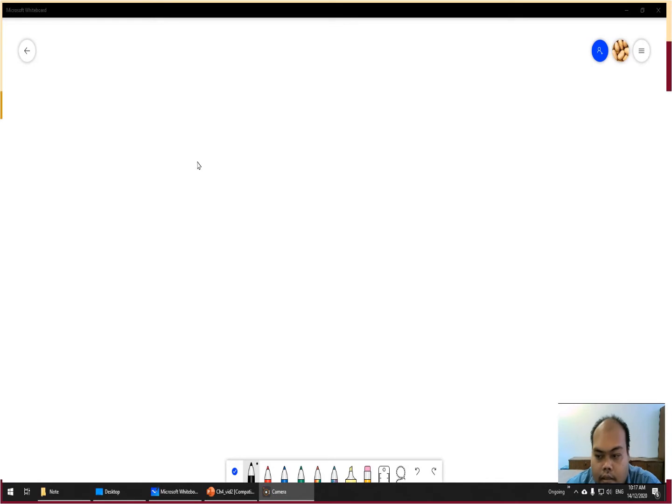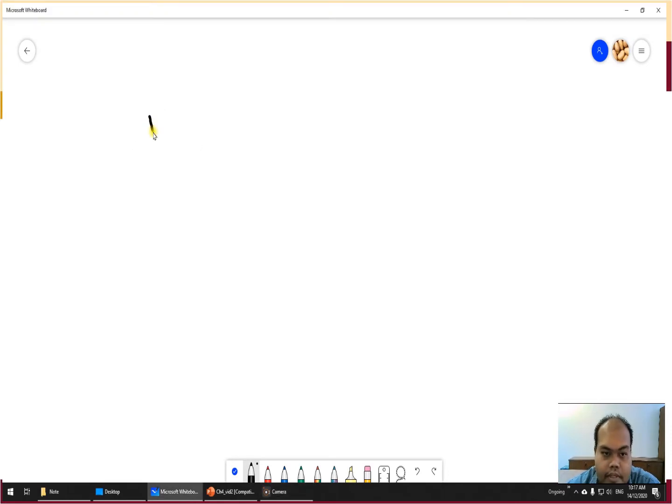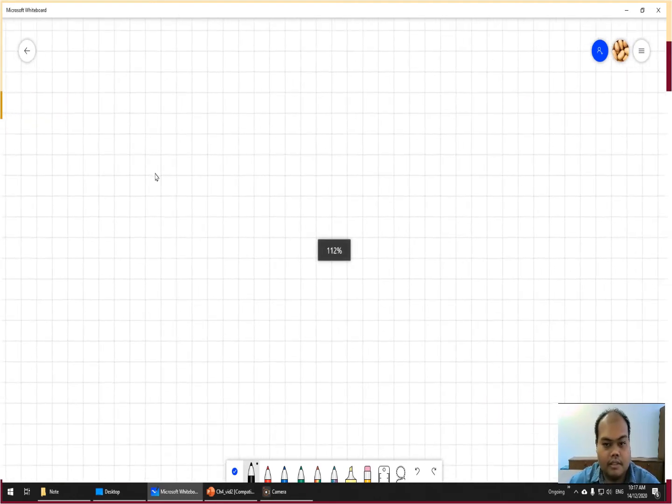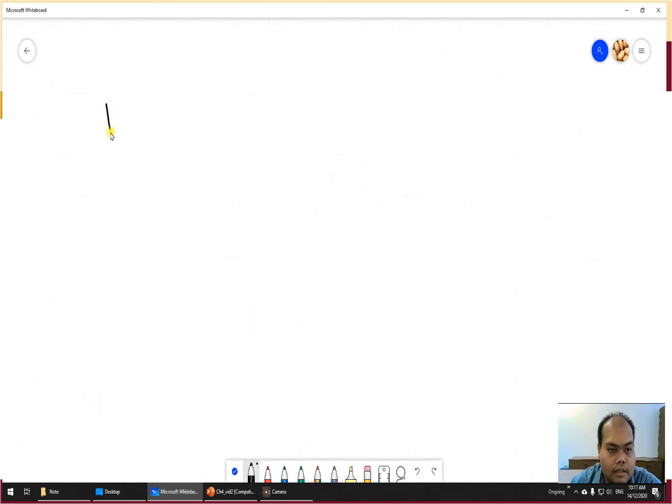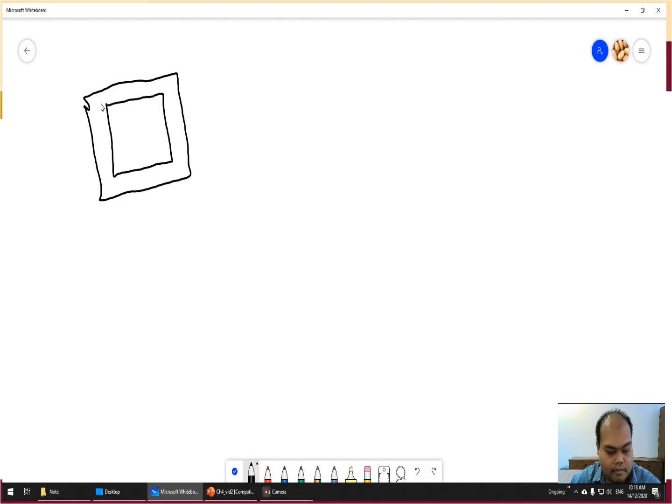So, I show you what is the magnetic circuit. There are various magnetic circuits actually, so I give you an example here, the simple one. Let me zoom out first. The simple one is basically just a rectangular core, where you have the same dimension for each side.